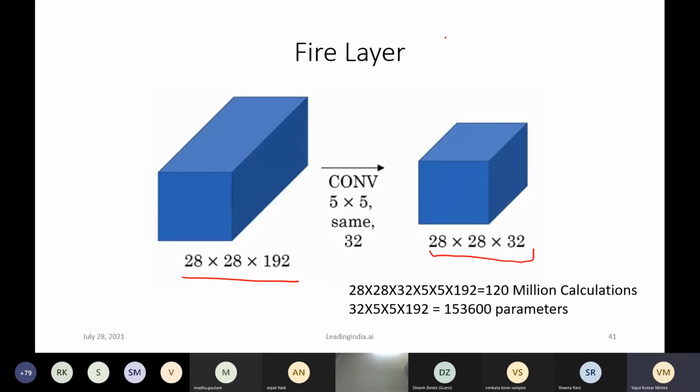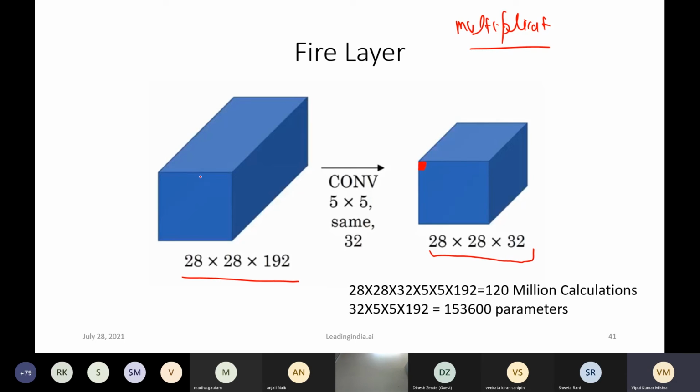Now my question is simply how many calculations, or how many multiplications, are required to get this output. Calculation here means the multiplication. First of all, let's think: I want just one single value. How many calculations are needed to get this one single value?